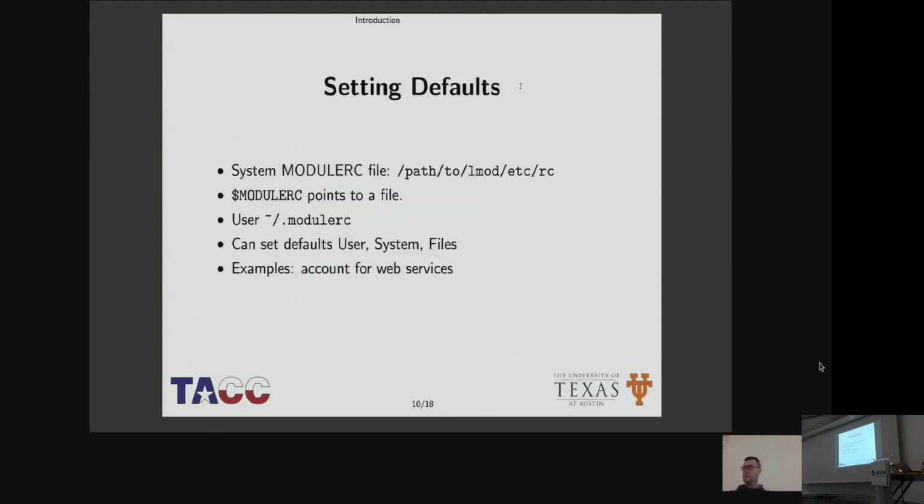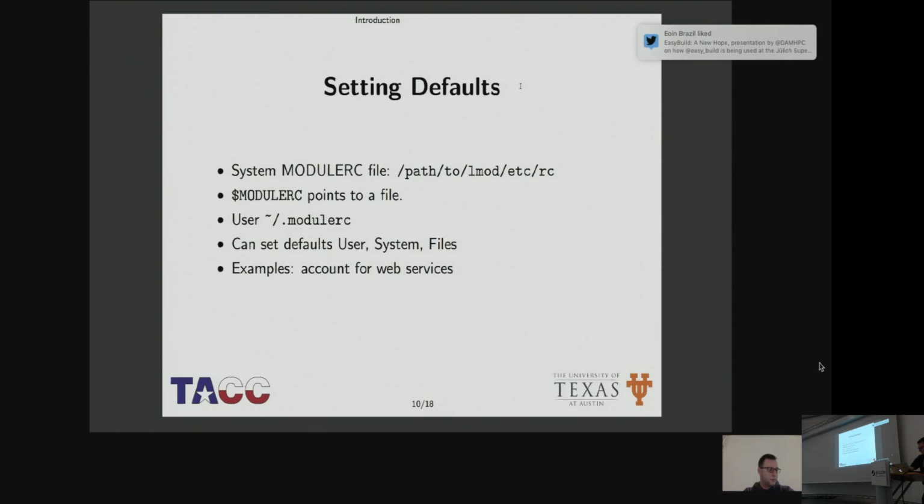So there's a system module RC file, which is where you've installed Lmod, etc. RC. It's the same file naming convention that Tmod uses. You can set the module RC file to point to a file, so those first 2 choices are the same thing, and you only get one of those system files.